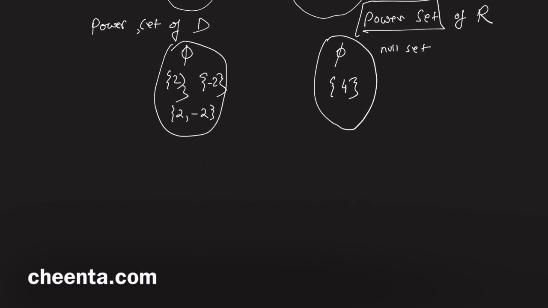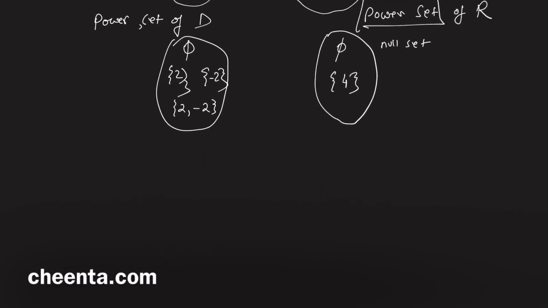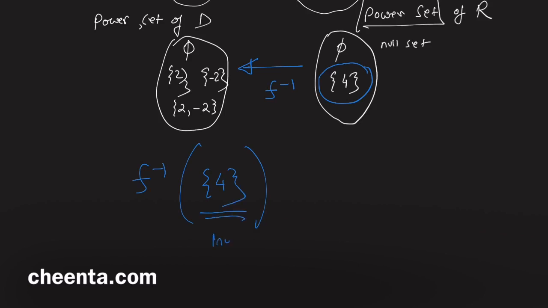Now notice that we can define a function in this direction. We can call this function f inverse, but this function takes in elements of the power set. So if I take 4 as the input set, then the output is just the set of 2 comma negative 2. So this is well defined now.